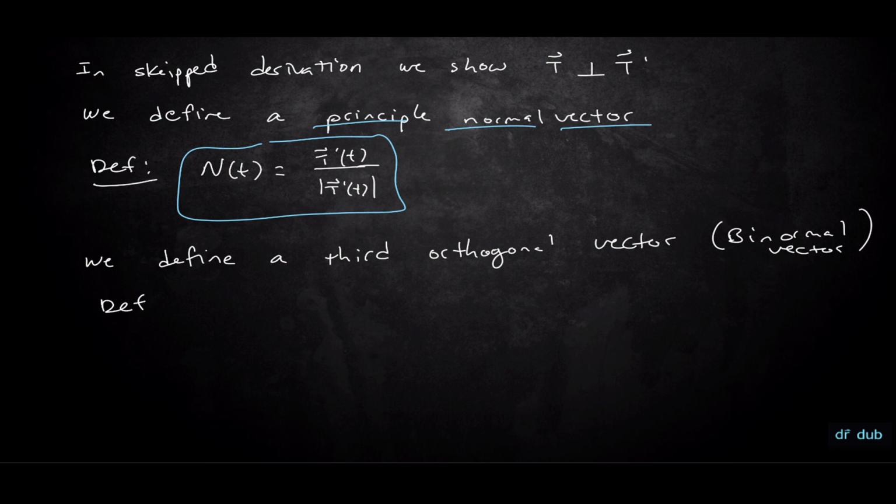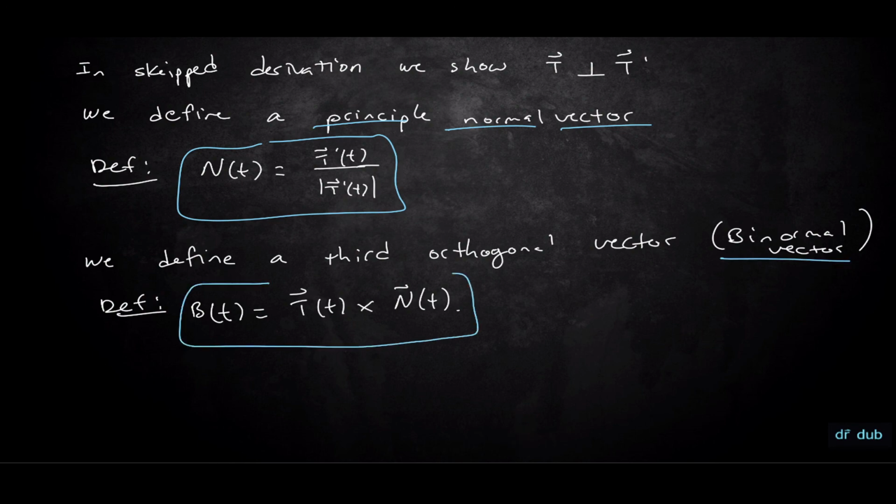Definition: B of t equals T of t crossed with N of t. By properties of the cross product, it will be of unit magnitude: magnitude of the first times magnitude of the second times sine of the angle between them. The angle between them is pi over 2, so that's just 1. So the binormal vector will also be a unit vector, and it is orthogonal to T and T prime. So that's the binormal vector, capital B of t.